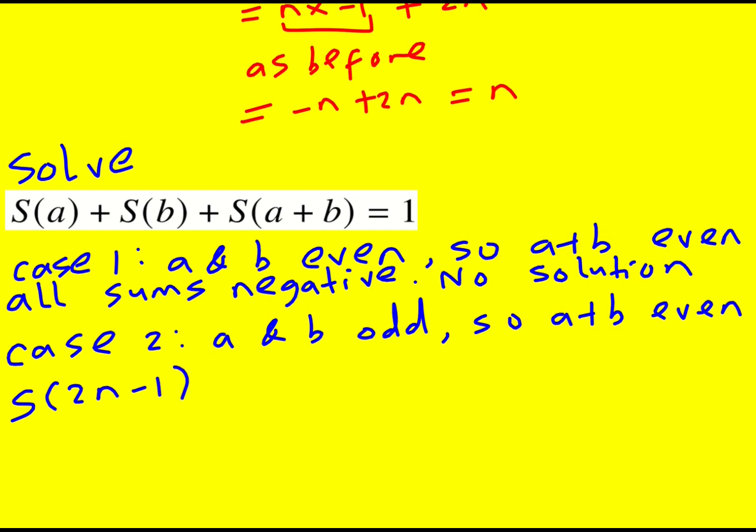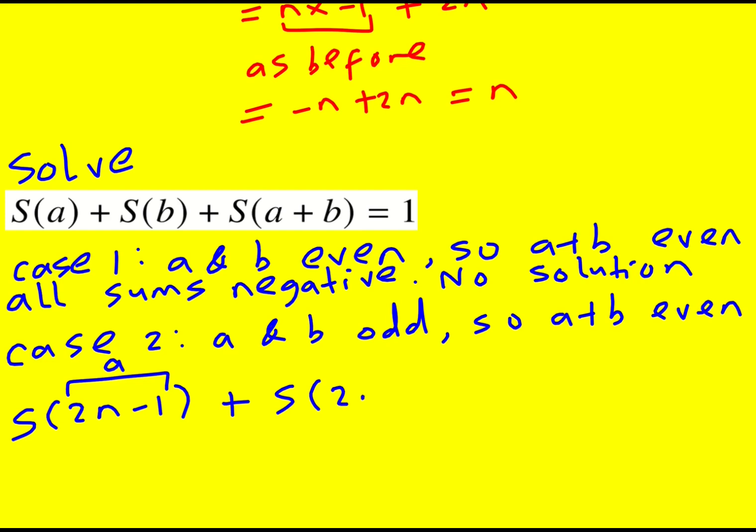That's going to be my A, plus S of 2m minus 1. It's a different letter here, but it's just going to be a different odd number. That's going to be my B, plus S of 2n minus 1 plus 2m minus 1. And we're interested in this equaling 1.